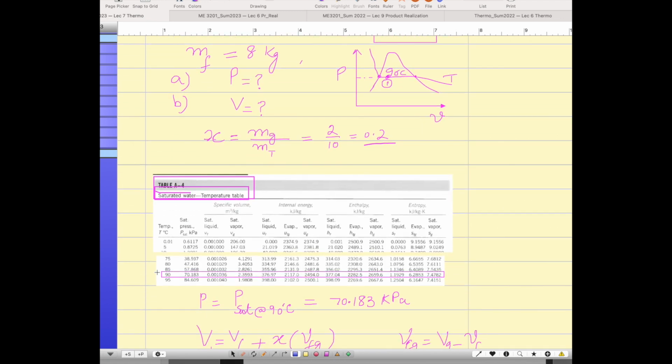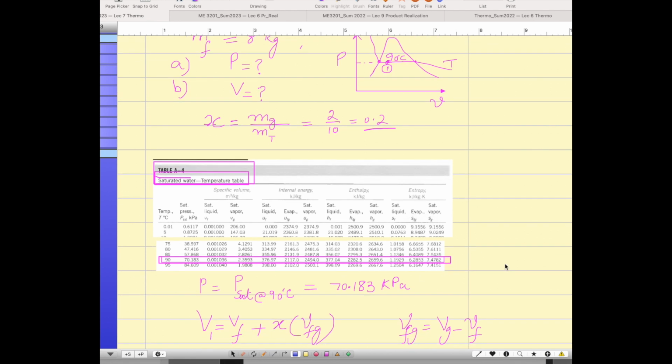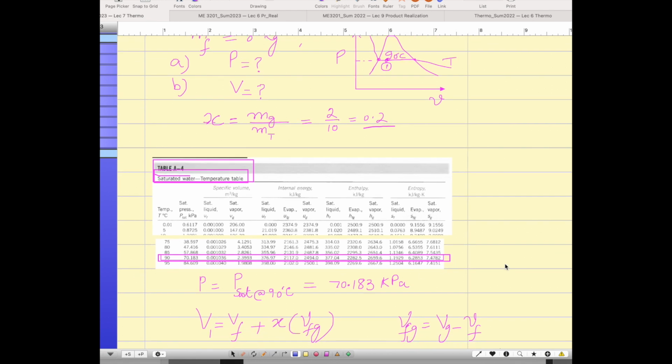At 90 Celsius we will draw a rectangle or underline this line, because all these values are like a picture at this temperature: the volume of the saturated liquid and saturated vapor, then the internal energy, this is enthalpy, and this is entropy.